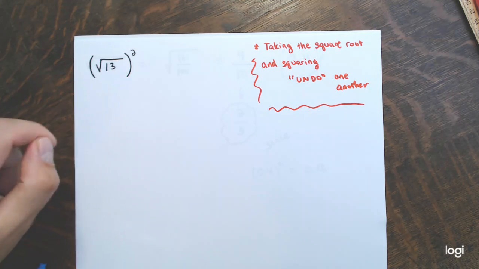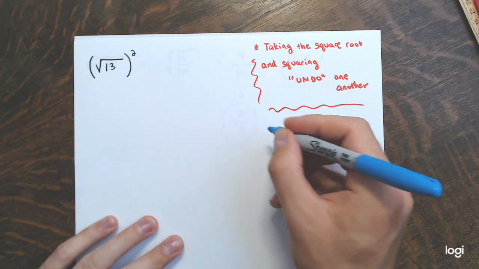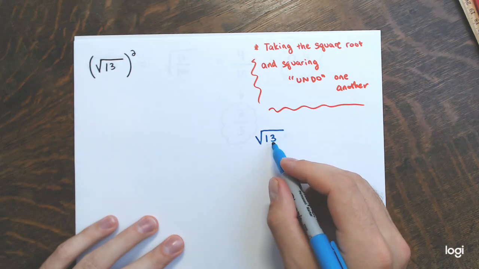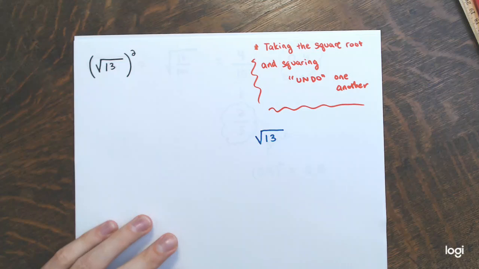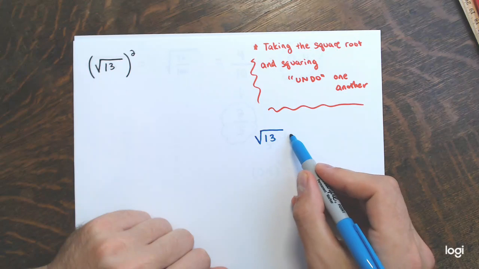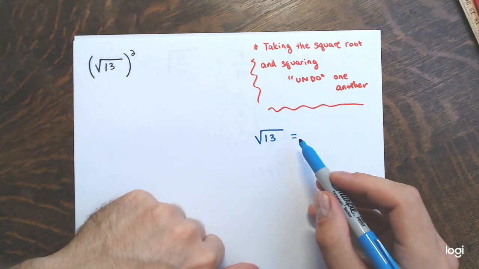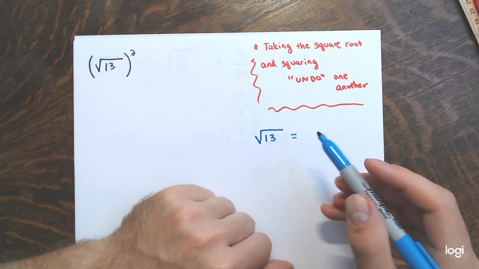And also think a little bit about it. Remember what the square root of 13 means. Now 13 is not a perfect square. It's not like 4 or 9 or 100. I can't think of a rational number that I could raise to the second power and get 13 back. But I'll describe this in words. If I knew what it was, what is the square root of 13?